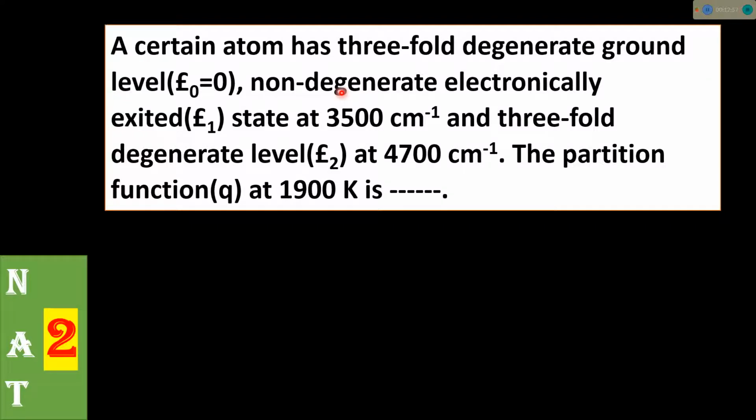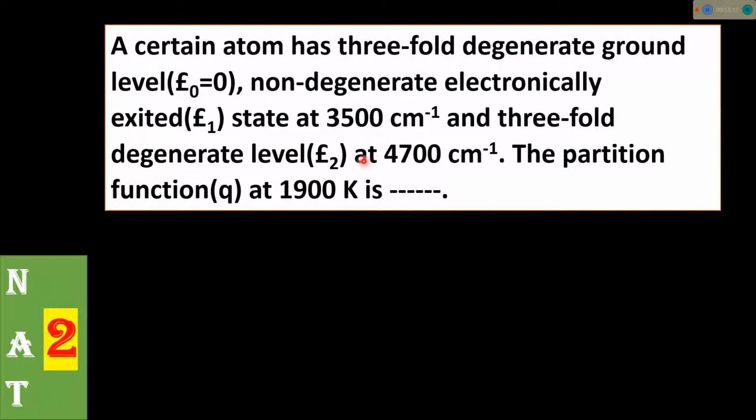When an energy level is non-degenerate, it means the degeneracy is 1. So in this case, the energy value is 3500 centimeter inverse, but the degeneracy of this excited state is 1, meaning non-degenerate. And again there is a threefold degenerate level, epsilon 2, at 4700 centimeter inverse.